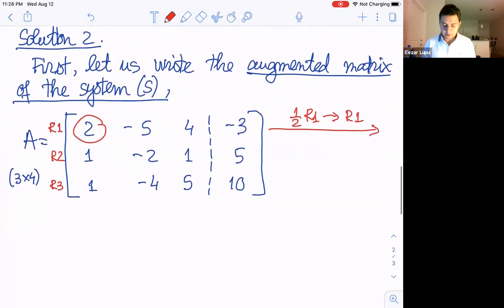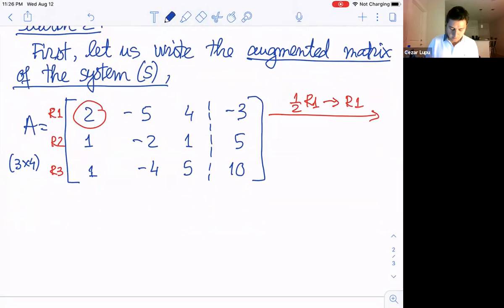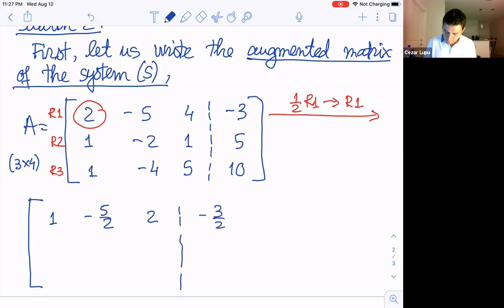Once we do this operation, we'll obtain the following matrix. As I'm just doing these operations on the first row, the second and the third row will remain unchanged. So we will get 1, -5/2, 2, and -3/2. Okay, and then the second and the third, I'm just going to copy them.